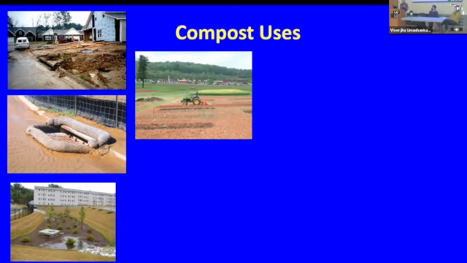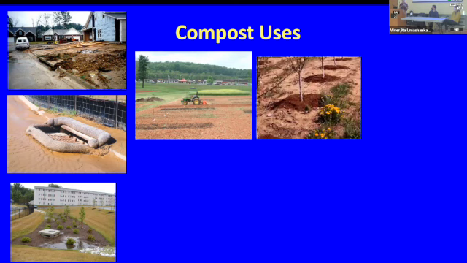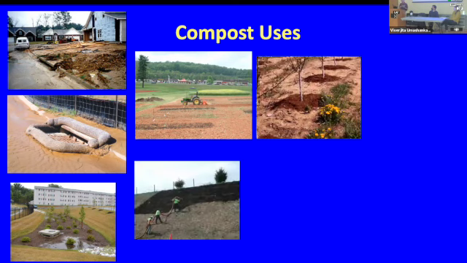It can be used in agriculture, but typically large-scale agriculture, as it is normally practiced, cannot afford the cost of compost. So we see it's normally relegated to use in specialty farms and organic farms, or as a mulch in orchards, or as a blanket on hillsides of newly constructed sites.